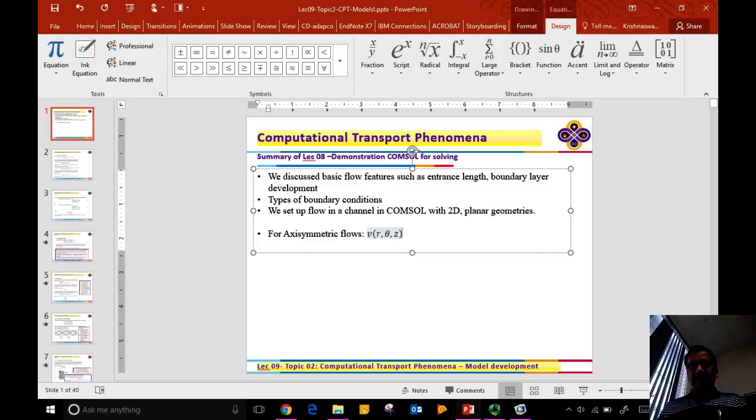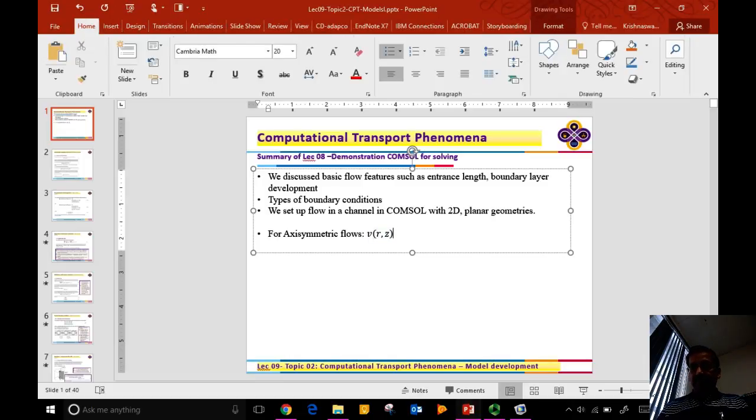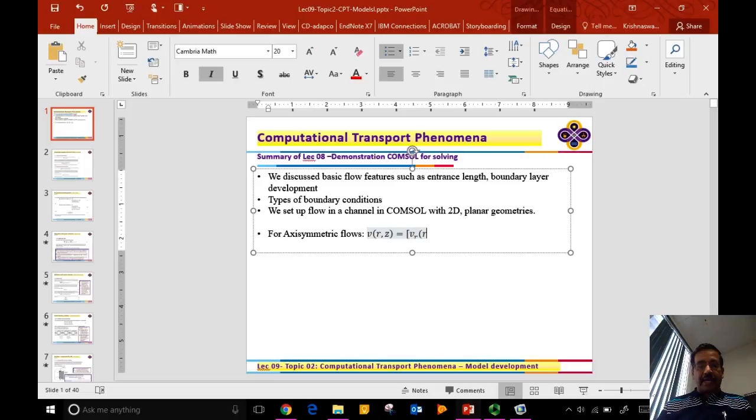But axisymmetry means there is no theta dependence, so that goes out. In terms of components, you're going to have VR as a function of R and Z, and VZ as a function of R and Z. Will the V theta component be 0 or non-zero?